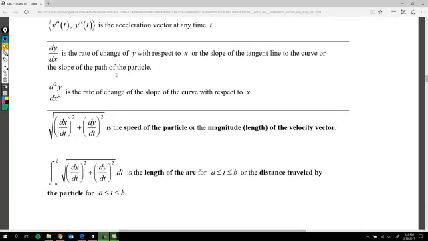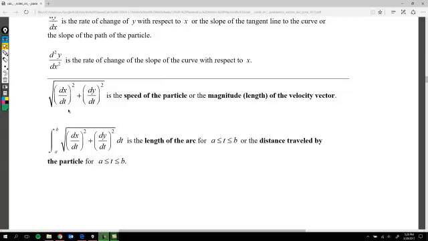Now, you already know some things like a rate of change of the change, or rate of change of the slope. That's what we refer to as concavity. Notice the similarity between my two equations, where the square root of my derivatives squared and added is the speed of my particle, or we sometimes call that the magnitude of the velocity vector.